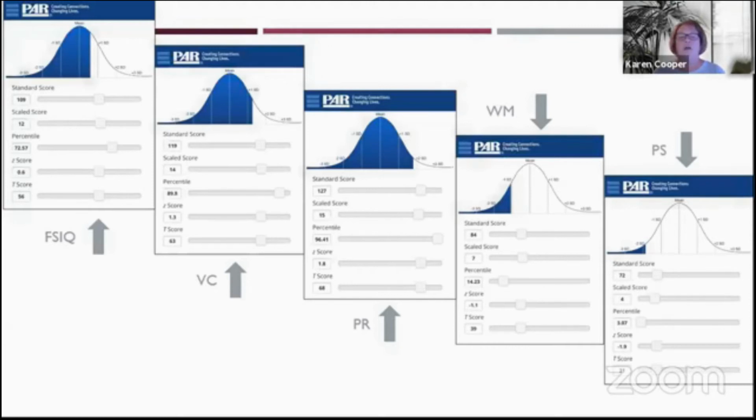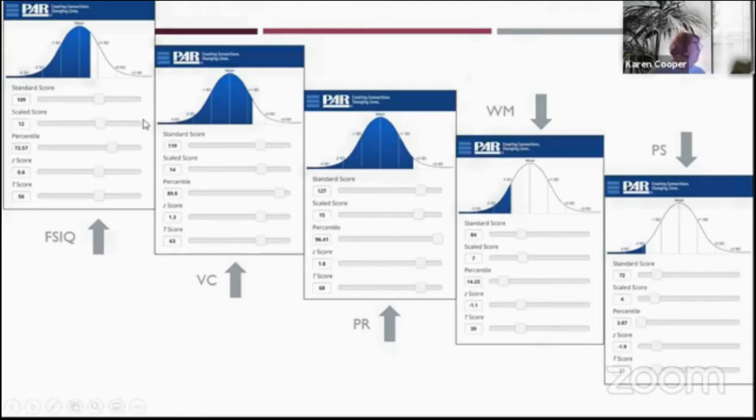So no matter what type of score is used, whether it be standard, scaled, T-score, Z-score, you can kind of get an idea of whether or not it's a strength or a weakness, or how severe that impact is from that score.